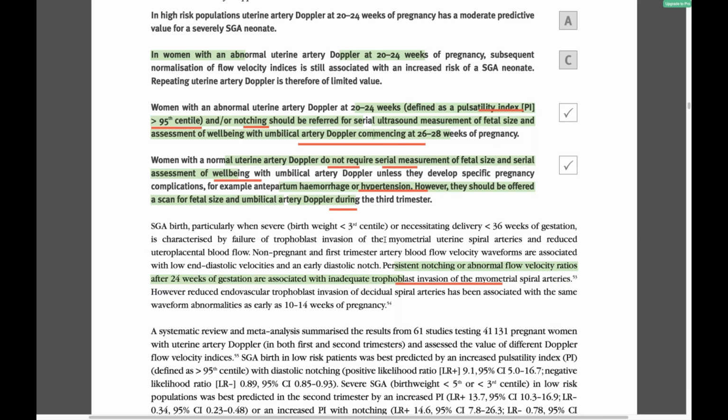So if the trophoblastic invasion of myometrial spiral artery is inadequate, in uterine artery Doppler there will be notching. Okay, there will be notching. So if this notching is there or abnormal flow velocity is there, then we call uterine artery Doppler as abnormal.